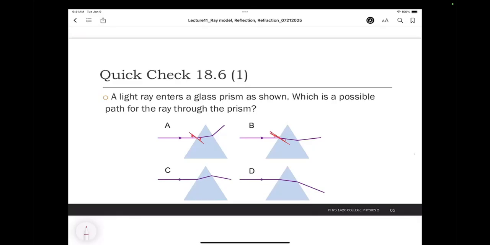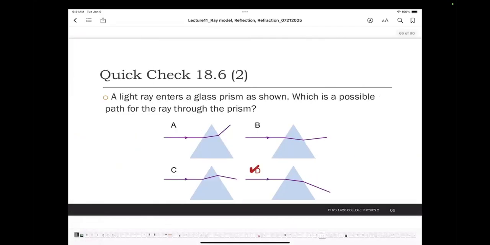But for this other one, the angle becomes smaller, which means the index of refraction becomes bigger, which is not right. So this one is also not right. It's a similar thing if you analyze using Snell's law. The right answer should be D.